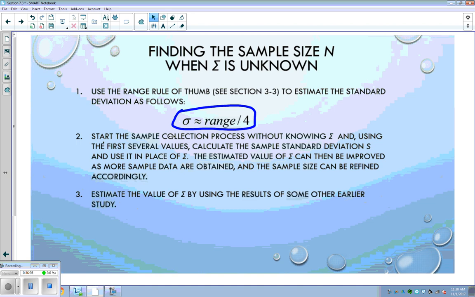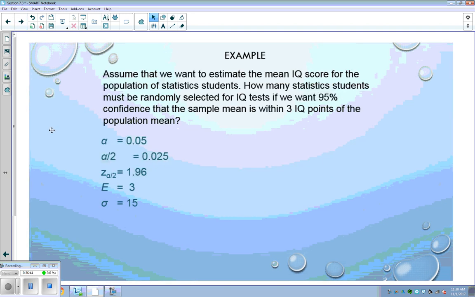We'll be using this range divided by 4 to approximate the standard deviation of the population. Okay. So here's our example. We'll assume we want to estimate the mean IQ scores from the population of statistics students. How many statistics students must be randomly selected for the IQ tests if we want a 95% confidence that the sample is within 3 points of an IQ score?